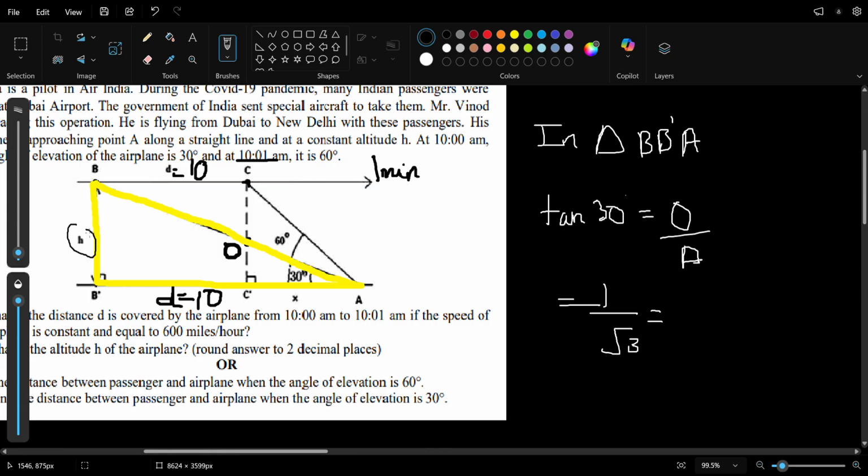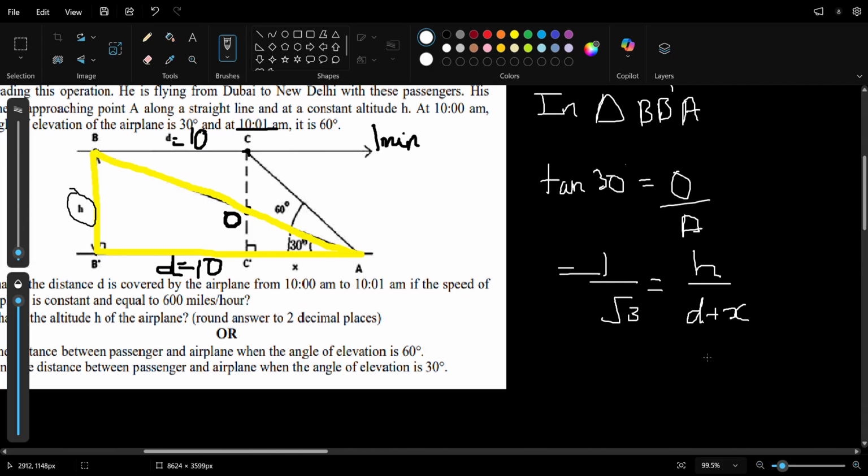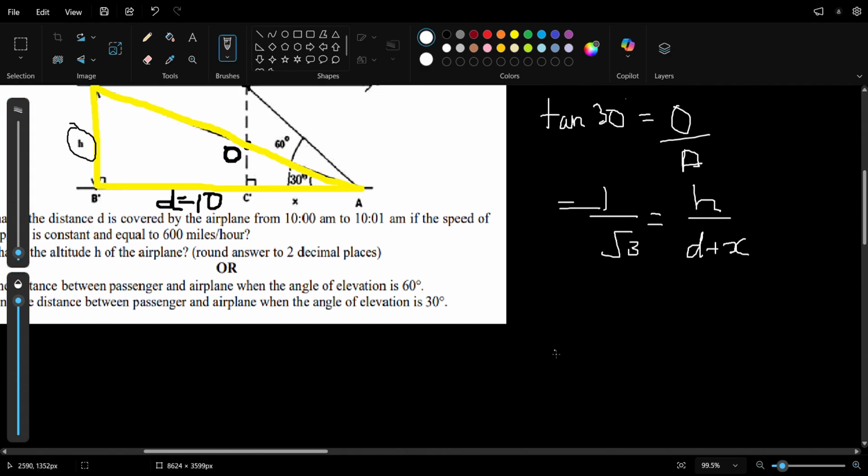Opposite here is h. We substitute the value as h upon the adjacent. Now see, the adjacent will be d plus x. We know that in the previous part we said d is equal to 10.